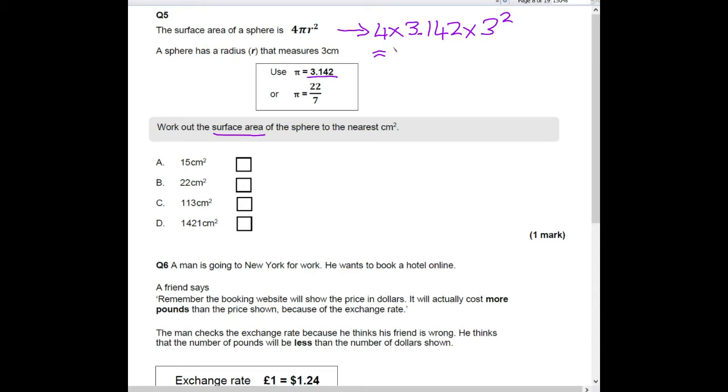And the calculator shows 113.112. So, rounded, it looks to the nearest centimetre like 113 centimetres squared. So the option with 113 centimetres squared is option C, so tick box C for 1 mark.